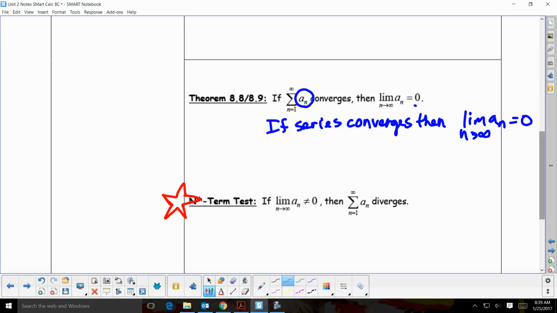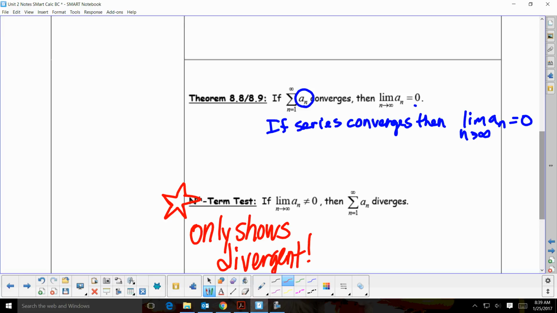The nth term test only shows divergence. It says, if you take the limit of that sequence from inside there, and you do not get 0, then this guy diverges. So when you don't get 0, it diverges.